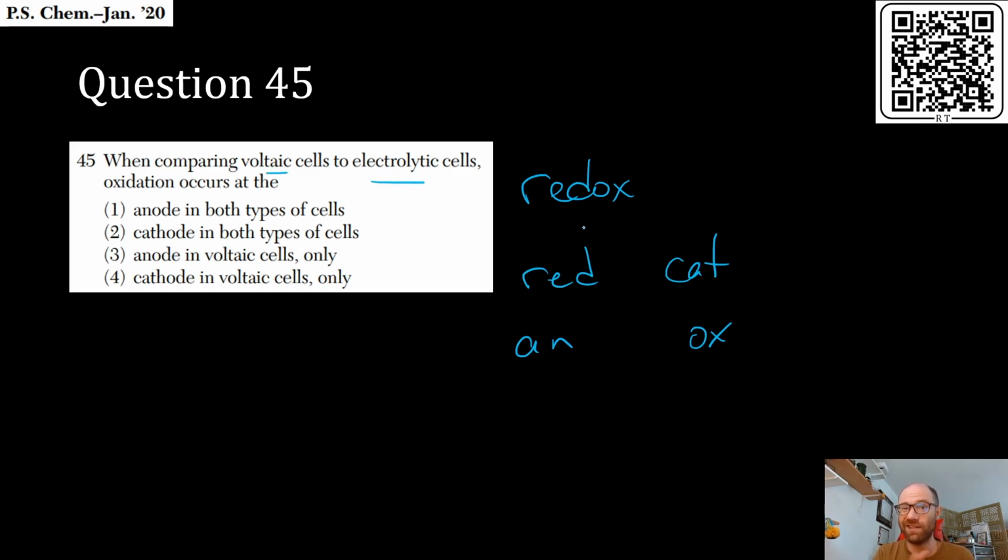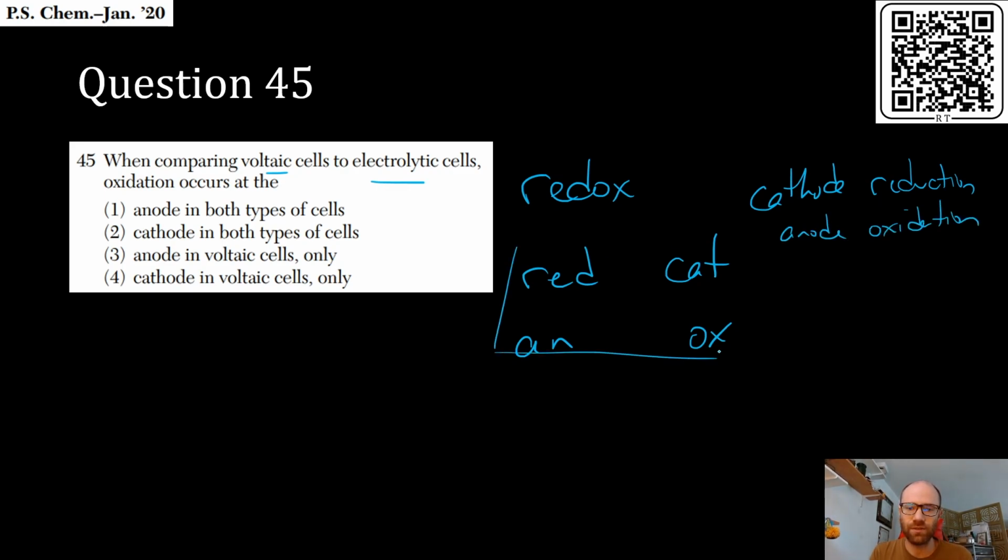So here you're going to see a "both" answer. But the cathode is reduction and the anode is oxidation. This little mnemonic device works for both. So we're looking at both of the "both" answers, and we want oxidation and ox. We want the anode. The answer is choice 1.